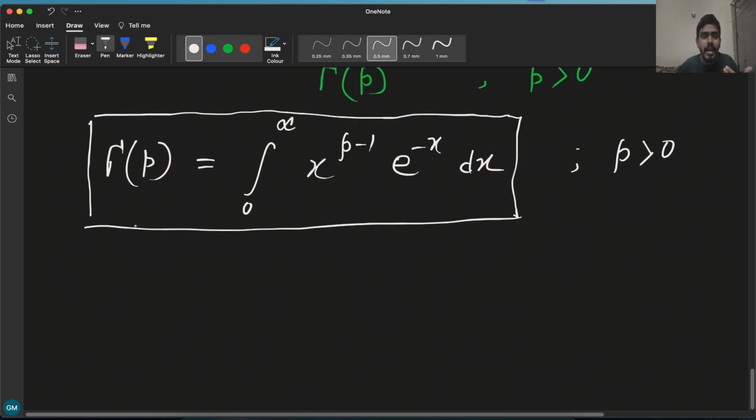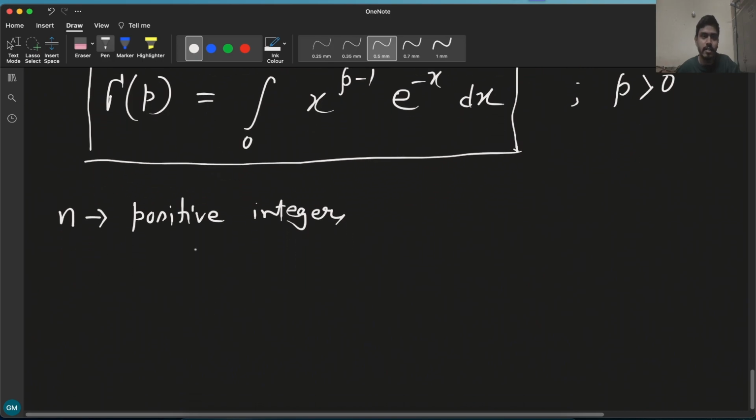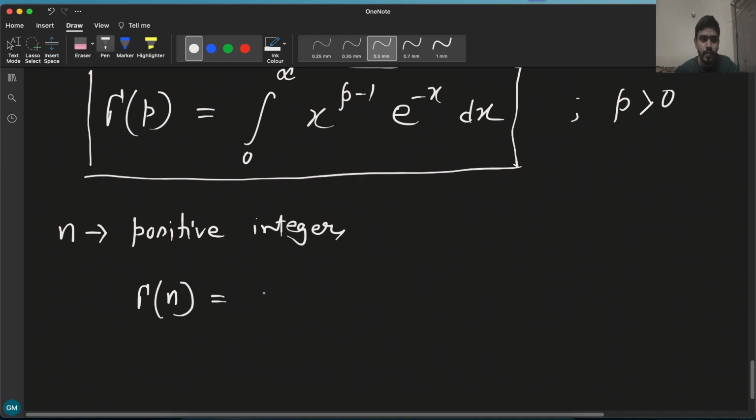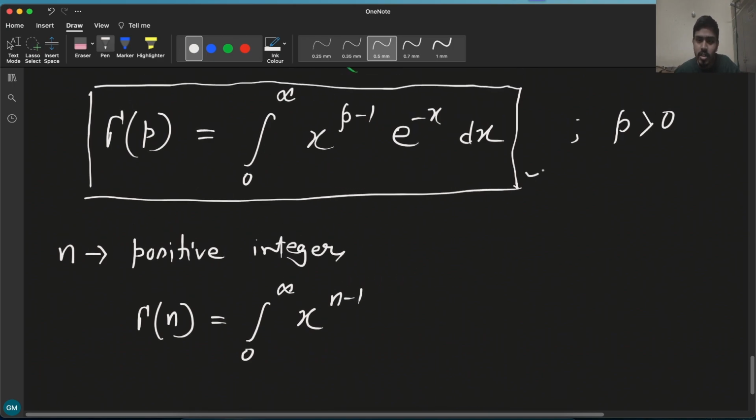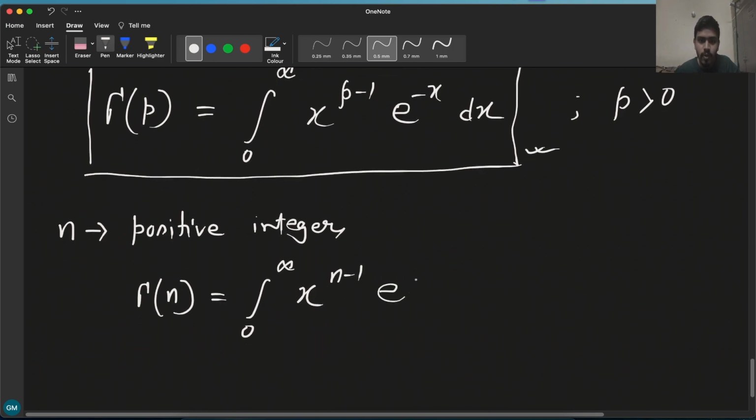Now let's say n is an integer value. So for example, let's say n is a positive integer. In that case, gamma n will be integration from 0 to infinity x to the power n minus 1 e to the power minus x dx, if I follow this definition.